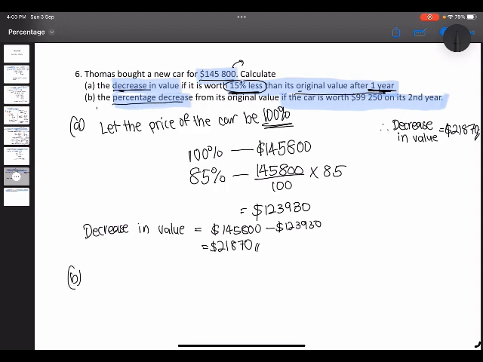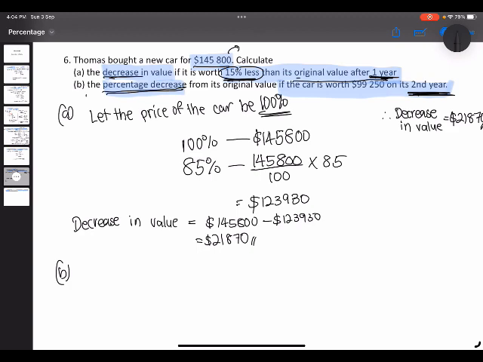The next part is asking for the percentage decrease from its original value if the car was worth $99,250 at the second year. So in order to find the decrease, it is the original value minus the value on the second year, which is equal to $46,550.